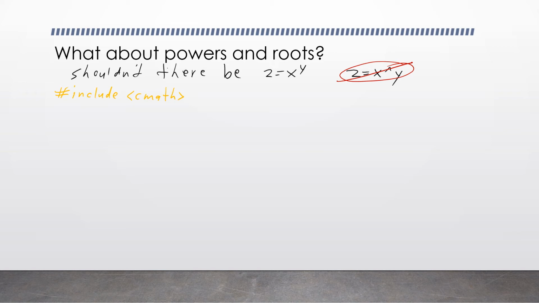The ones we're going to talk about right now: if we want z equals x to the y, this translates in C to the phrase z equals pow x comma y.